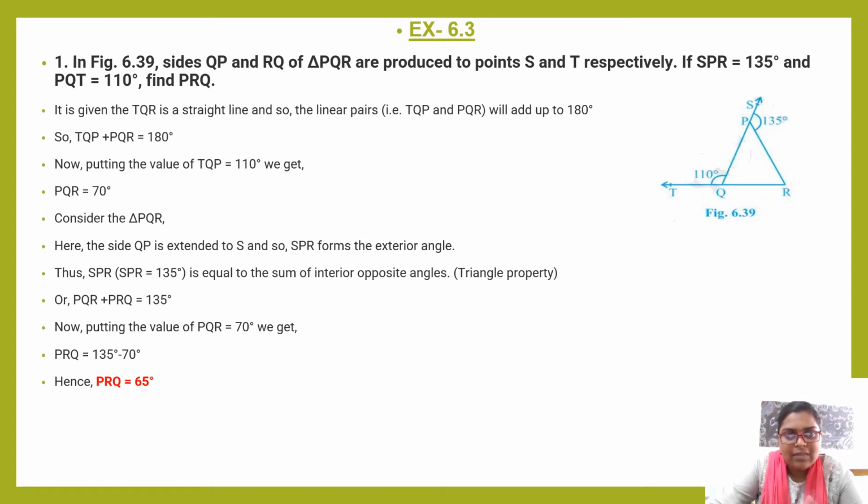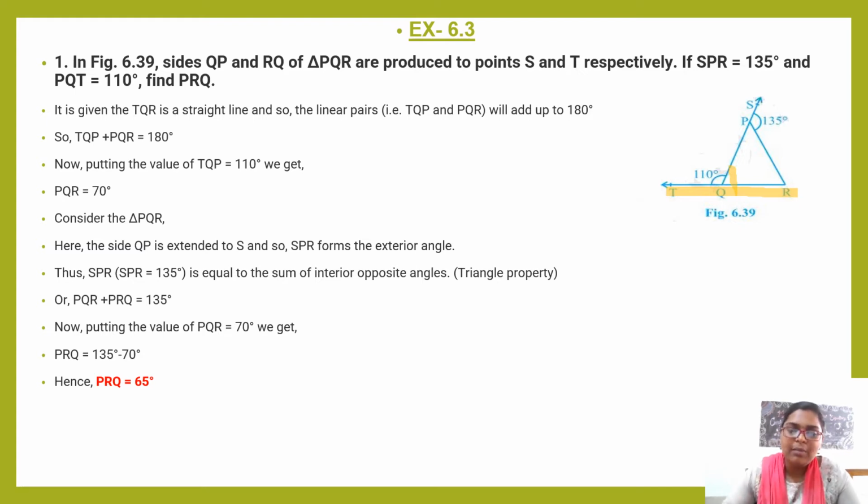Now it's given that TQR is a line. You know that TQR is a line, so it will make a linear pair. This is a straight line. Of course, you know what a linear pair is. Here this 110 degree, which means PQT or TQP, and the other angle, which is PQR, are a linear pair.